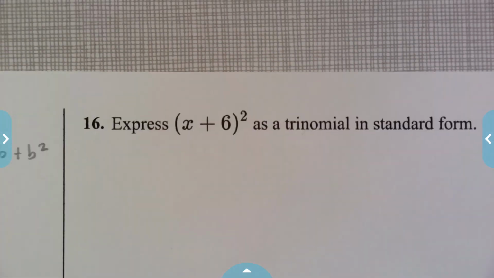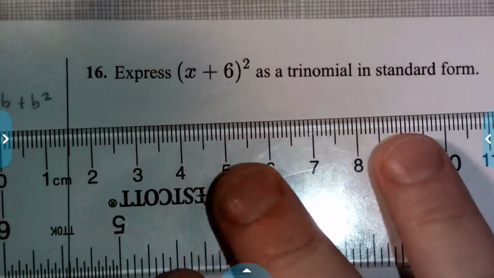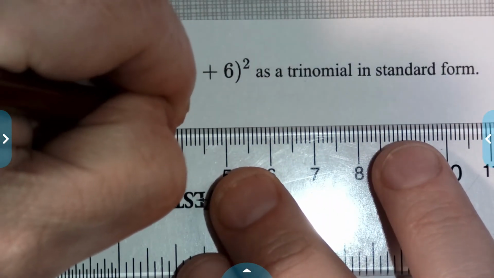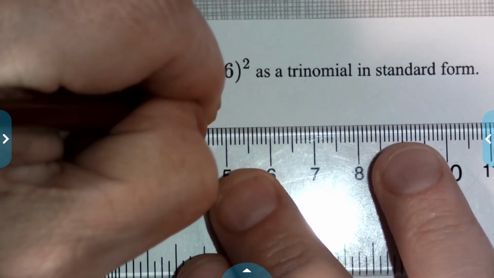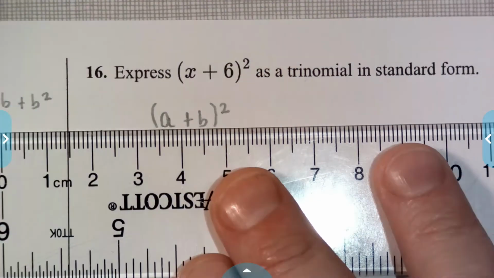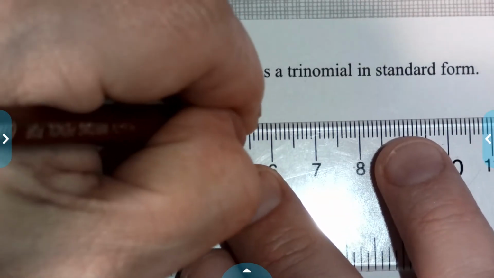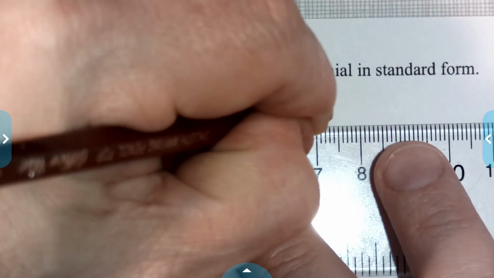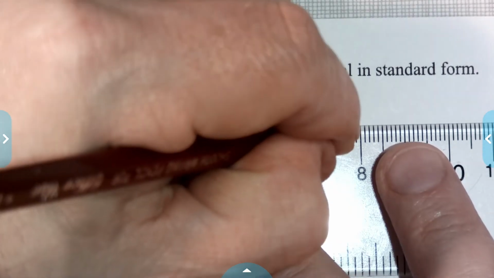Okay. You can do the same thing here. Again, I'll write this out because I want you to memorize it. The only way to memorize it for me has always been to write it out over and over again. A plus b squared is equal to a squared plus 2 times a times b plus b squared.